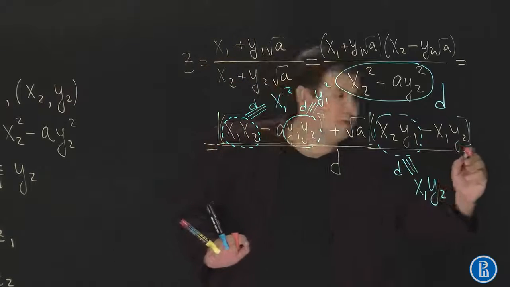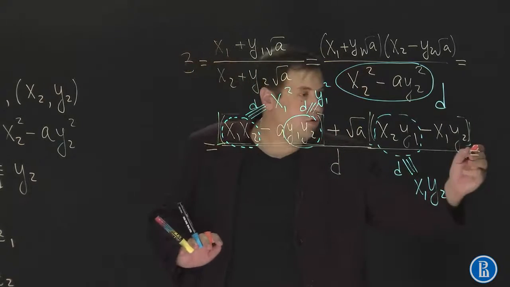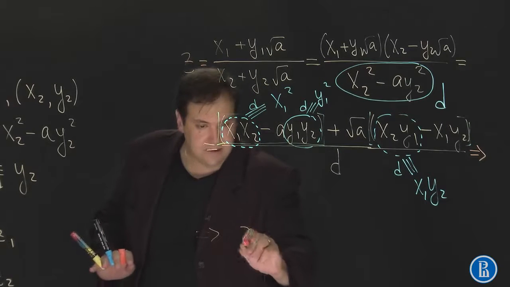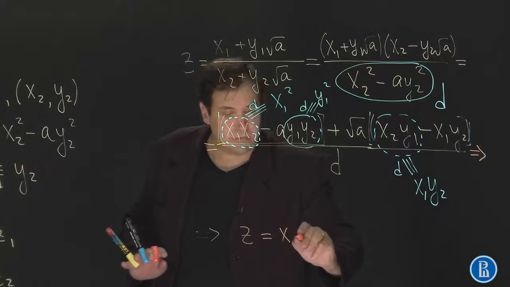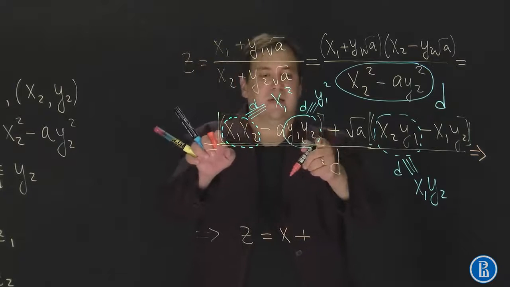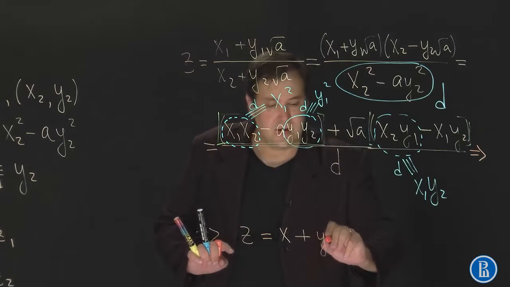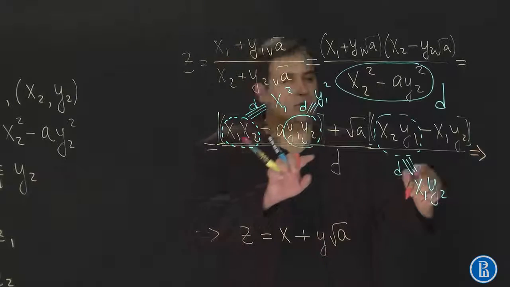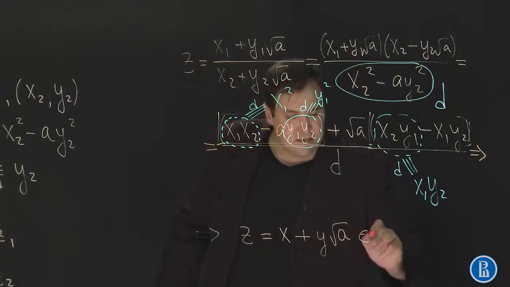So from this it follows that z is equal to some integer x plus some integer y multiplied by square root of a, where x is this bracket here divided by d, and y is equal to this bracket here divided by d. Thus, it belongs to the ring.